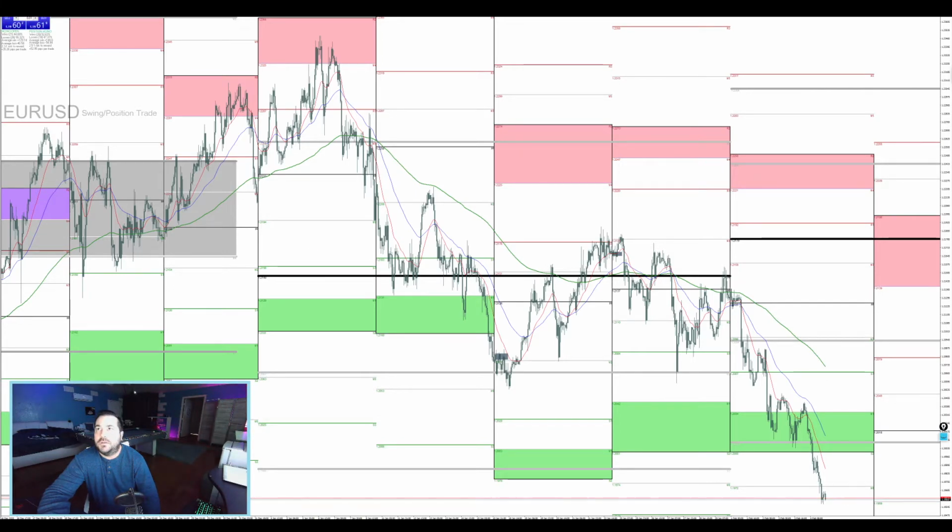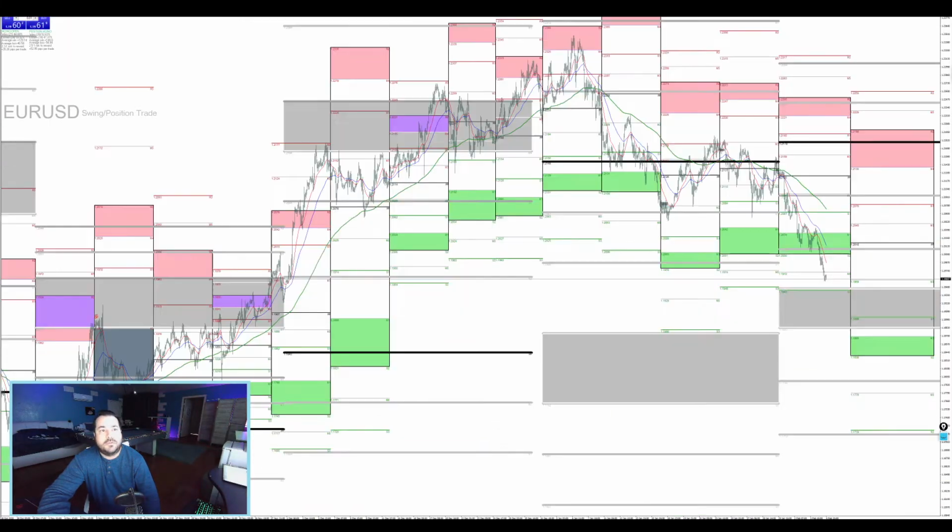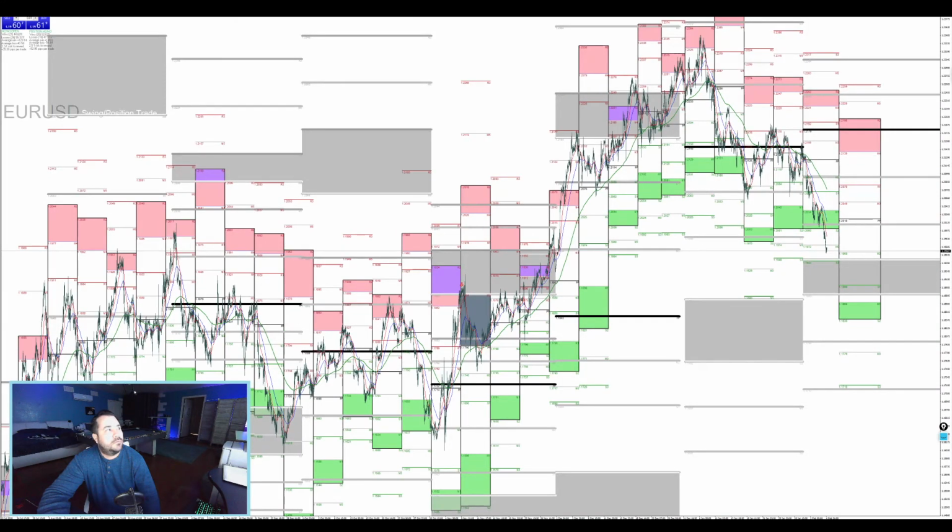Let's go ahead and zoom out just a bit. Okay, oh, look at this. So this is matching up really well with my dollar index coming into resistance. Remember, the dollar being the opposite, and this is the dollar right here. So as this moves down, the dollar is getting stronger, right?